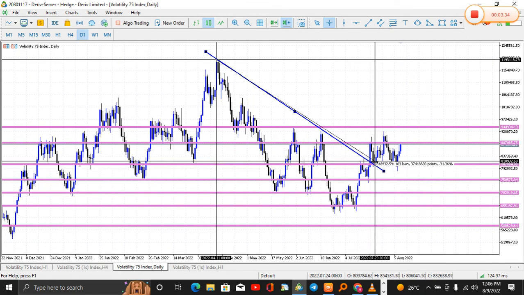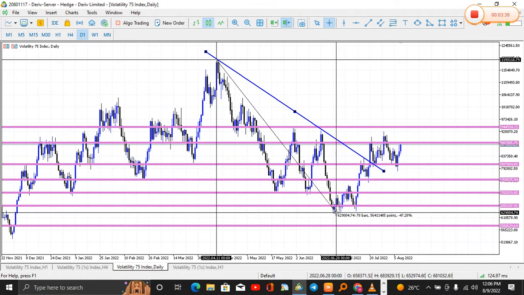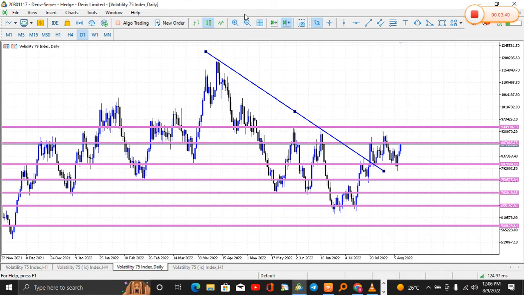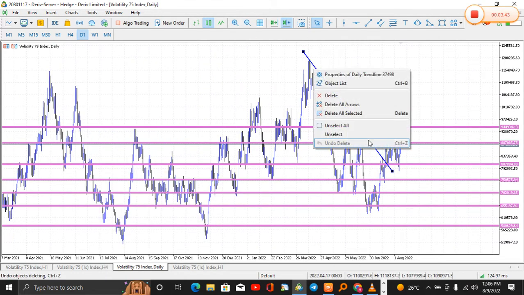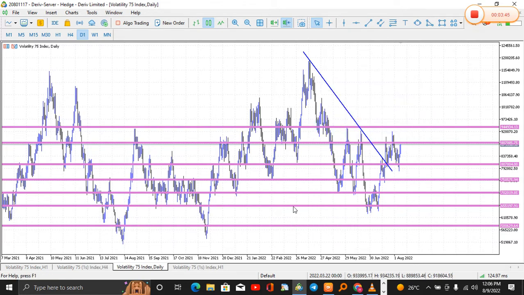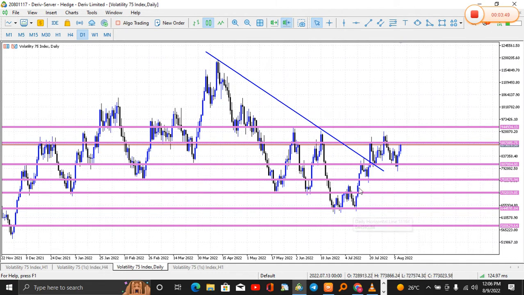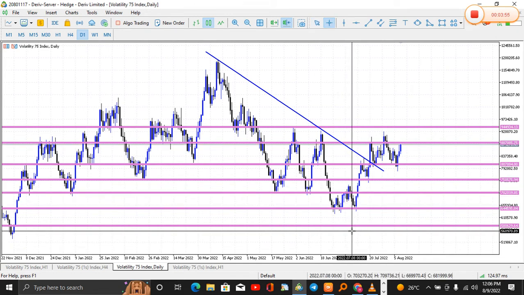Now here the trend changed because the market came to the downside. It made a reversal pattern, which is a double bottom. After the market made a reversal pattern, this pattern managed to push the market to the upside, in a way that the market started making higher highs and higher lows.